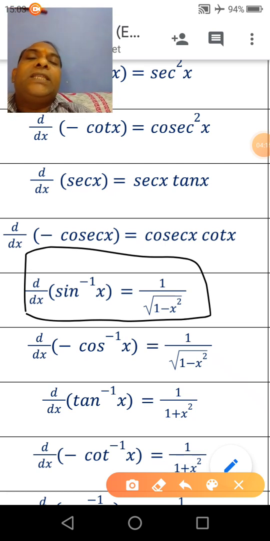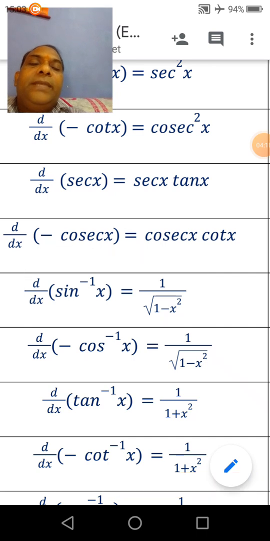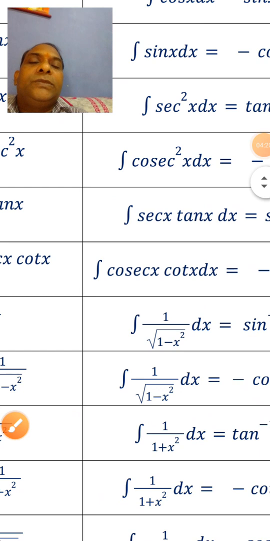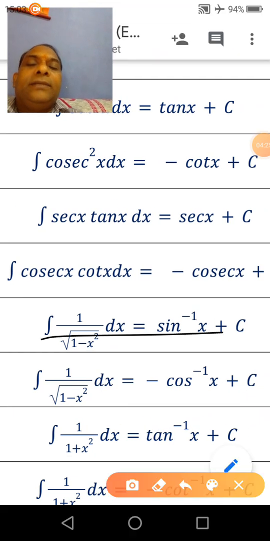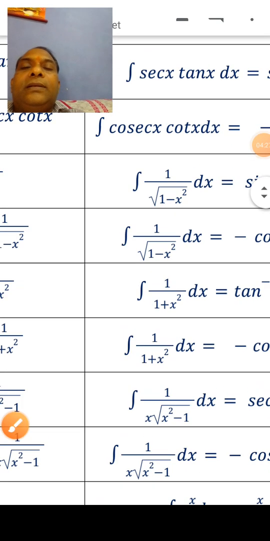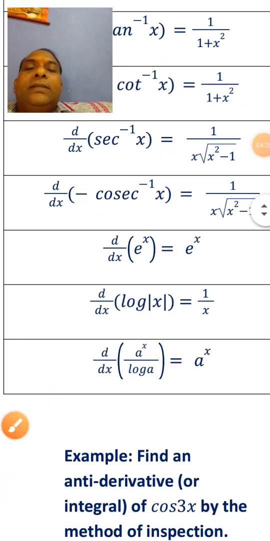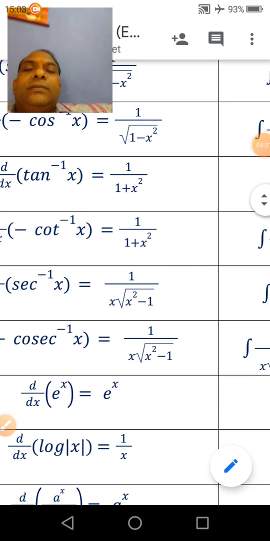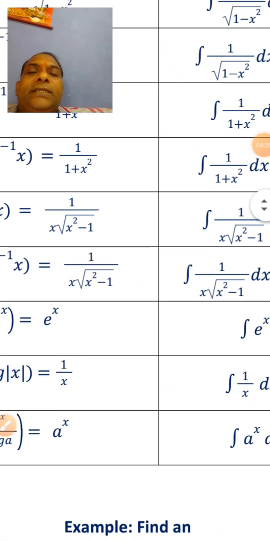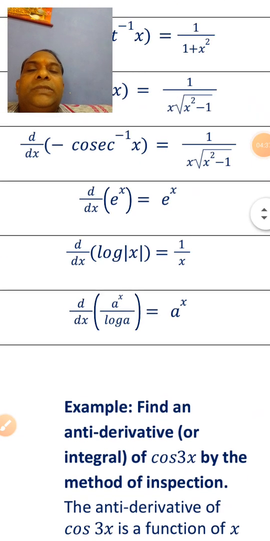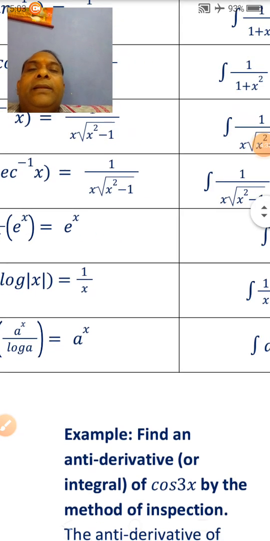So integration of 1 upon root 1 minus x square will be sin inverse x. Clear? So you can learn these formulas. Clear? Now see the example.